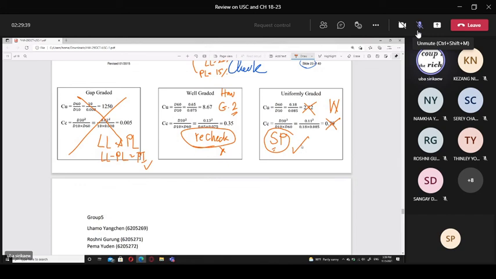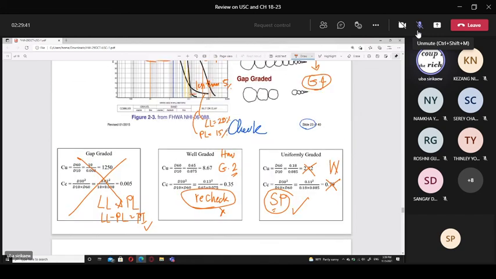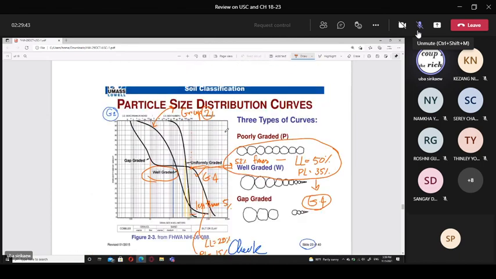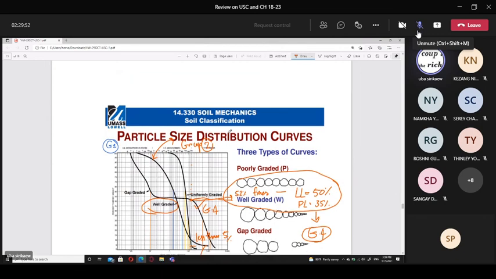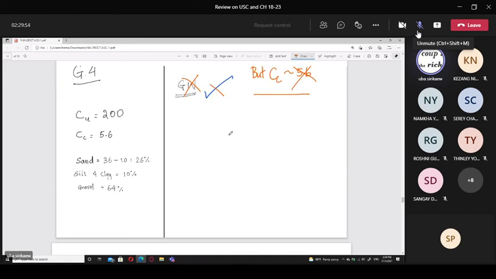So group number 2 again, explain how to classify what's the grade, well graded, okay? So for next week, you have to explain me.